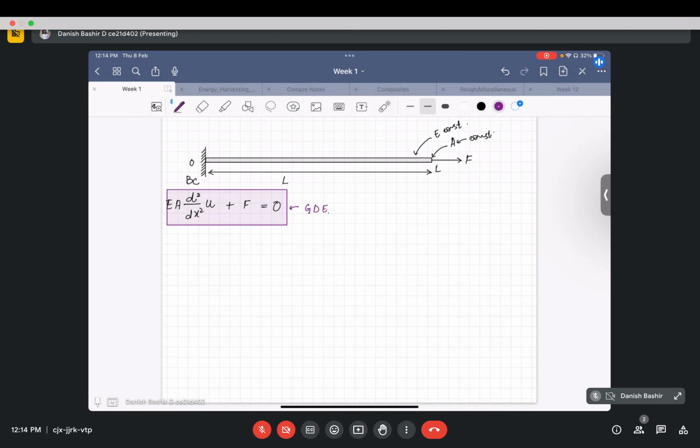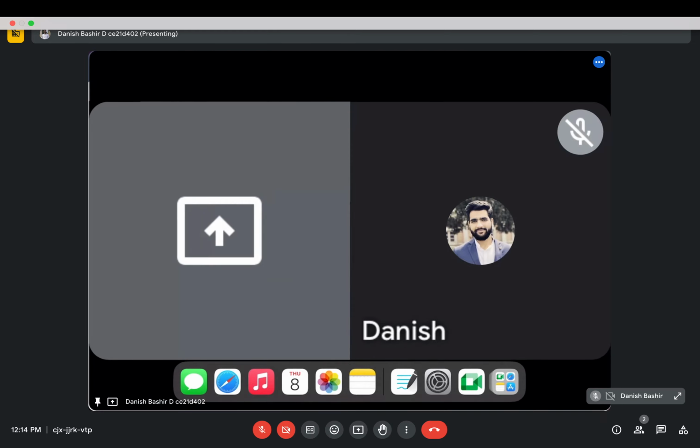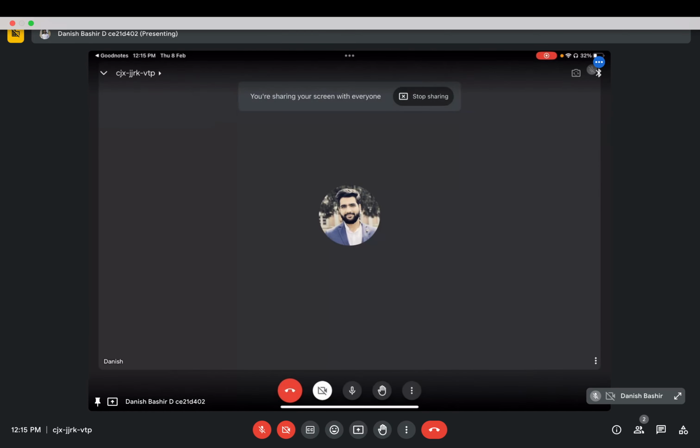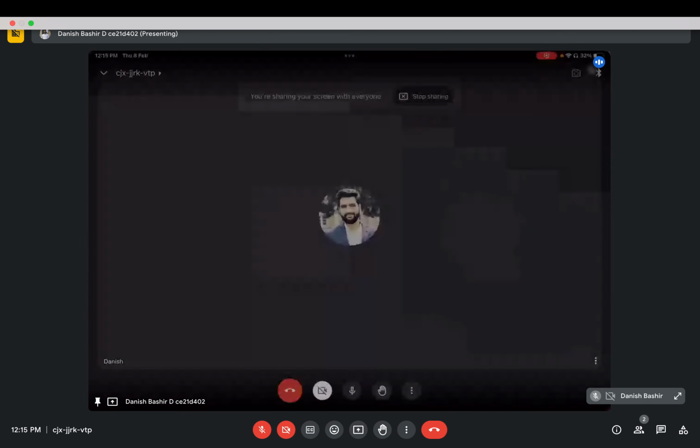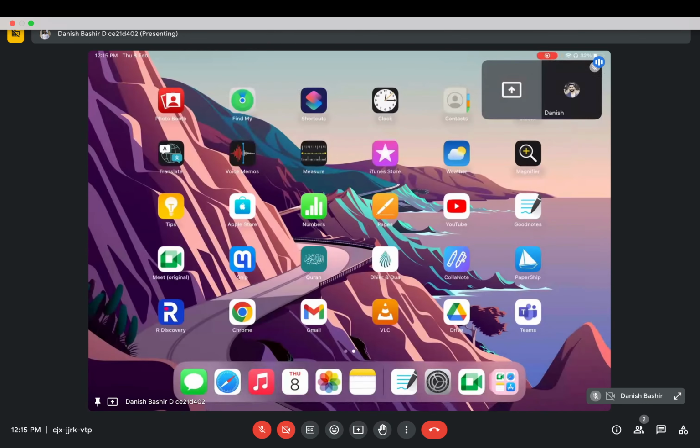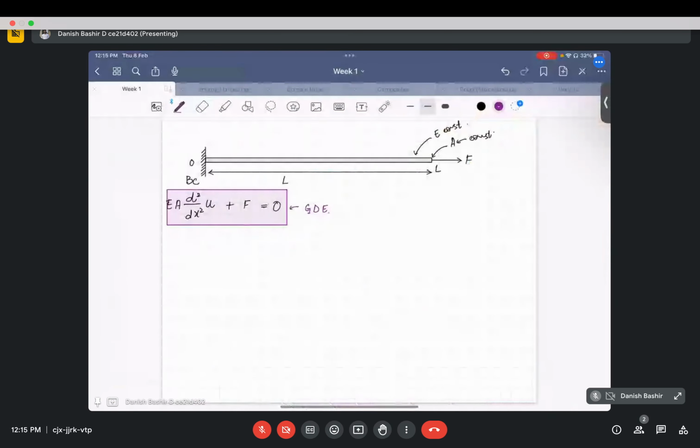We have the governing differential equation of this problem like this. Once we have it, we try to break this problem down.